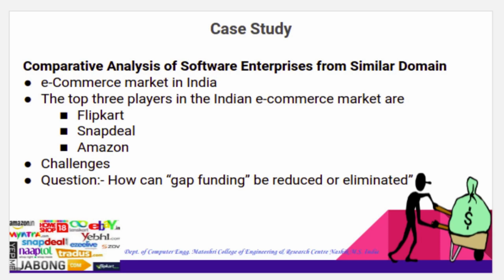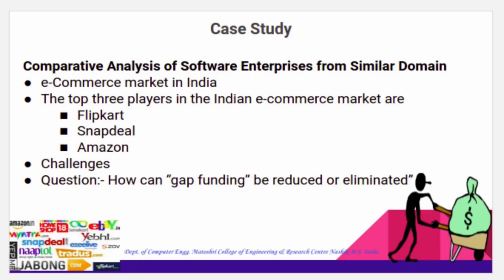Will low price still remain the defining factor, or will others dominate? How can these e-tailers innovate to reduce the sellers' expenses? How can the gap funding be reduced or eliminated? This case study tries to find the answer to these questions.